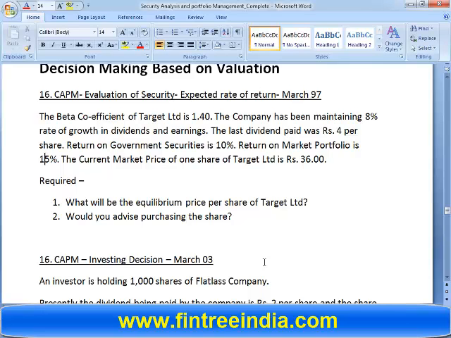Yes, what is the answer? Both of you got 48. What is the required rate of return? 17%. All of you getting this? So what is the answer? Answer is simple. Current dividend is 4. Next dividend would be 4.32. And 4.32 divided by 17 minus 8, which is 9%.